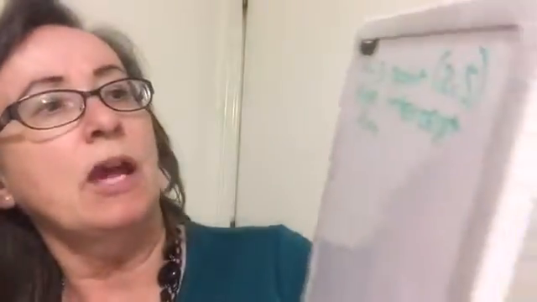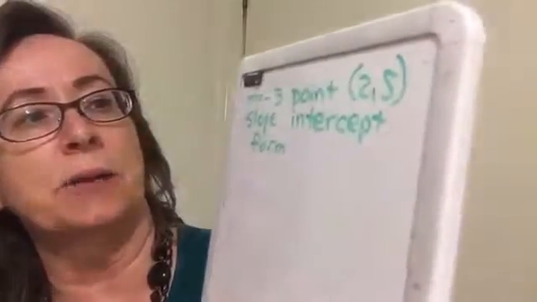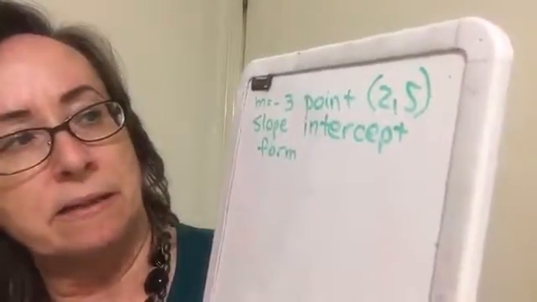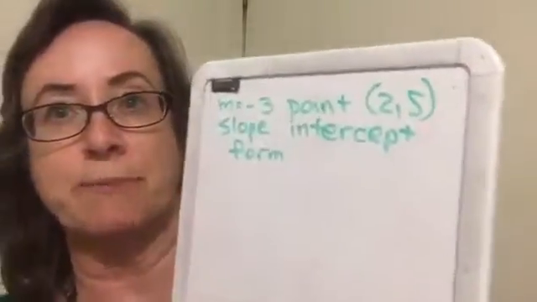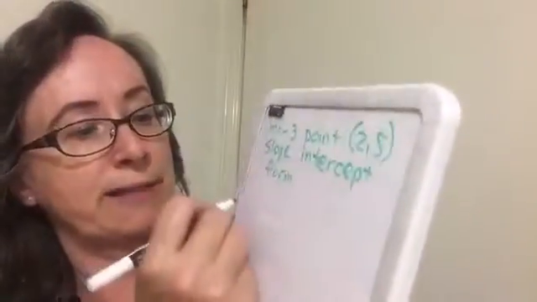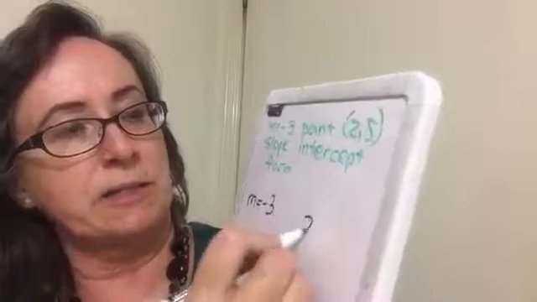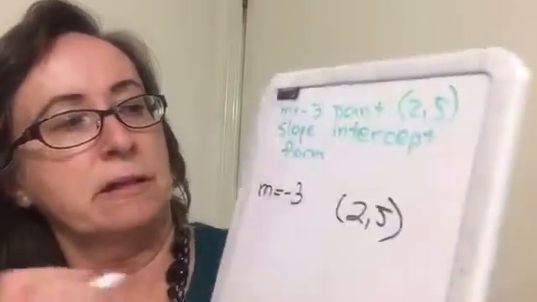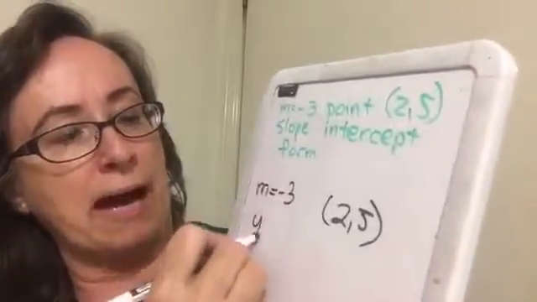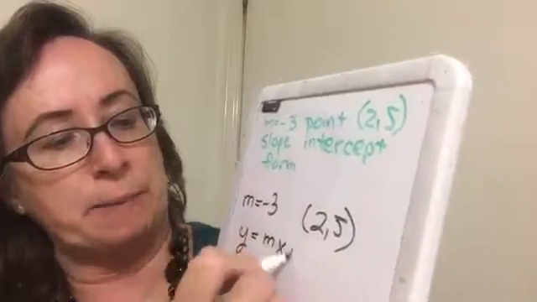We're going to do this one, which says we have a slope and a point, and we're going to put it in slope-intercept form. So we've done several of these. M is -3. The point is 2, 5. Okay, we're going to do y is mx plus b.